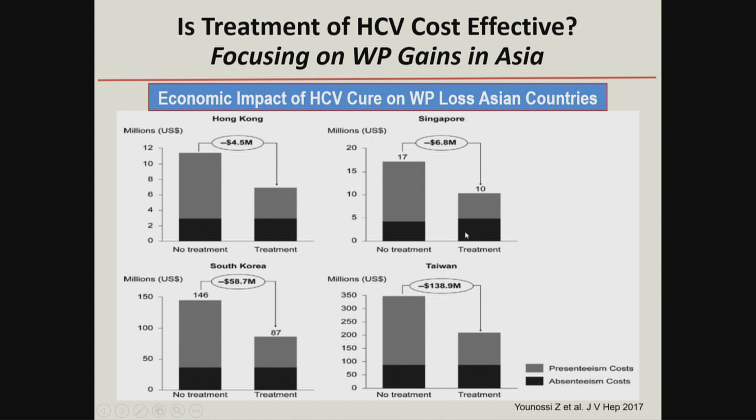This was again replicated in a study from Japan, and again a number of these countries looked at: Hong Kong, Singapore, South Korea, and Taiwan. And again, in each country, there was a significant improvement in economic burden of hepatitis C due to improvement in work productivity.